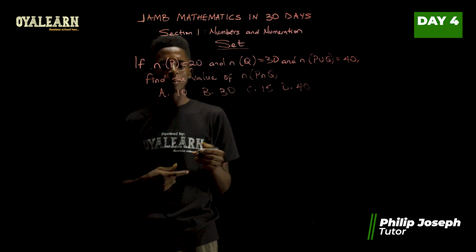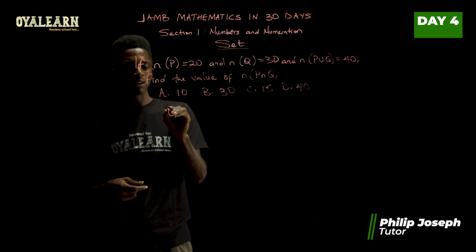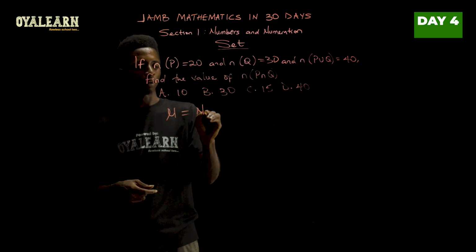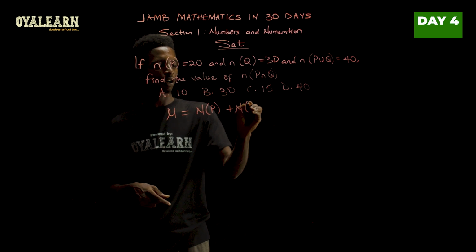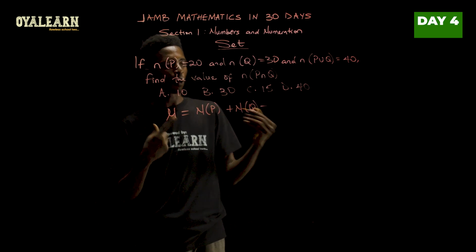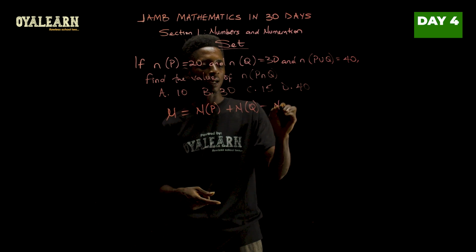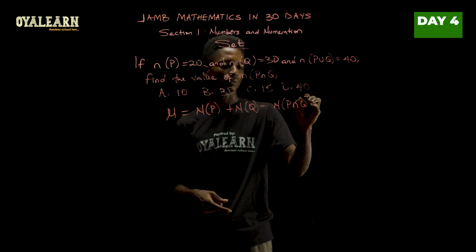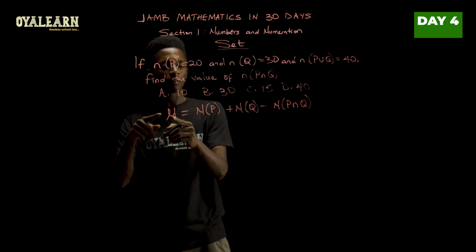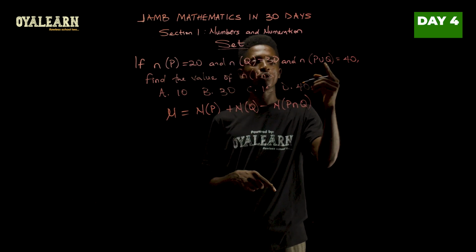Now, when we have two subsets like that, we know that the universal set should be the number of the first one plus the number of the second minus what they have in common, which is the number of P intersect Q. So the universal set is where we have the number of P union Q.